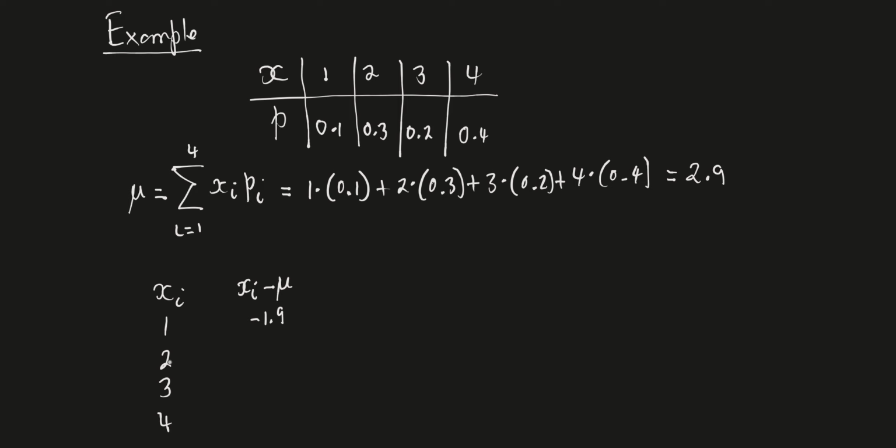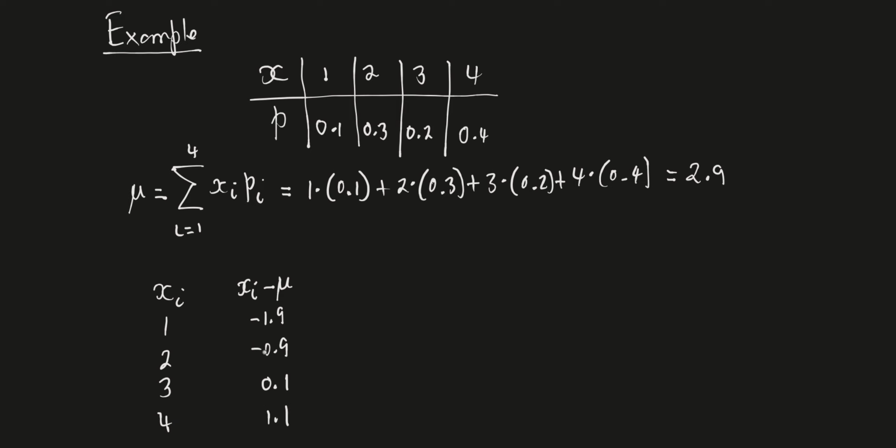If I take 2 minus 2.9, I will get negative 0.9. If I take 3 minus 2.9, I get a pretty small number, 0.01, or I'm sorry, 0.1, and then if I take 4 minus 2.9, I will get 1.1.